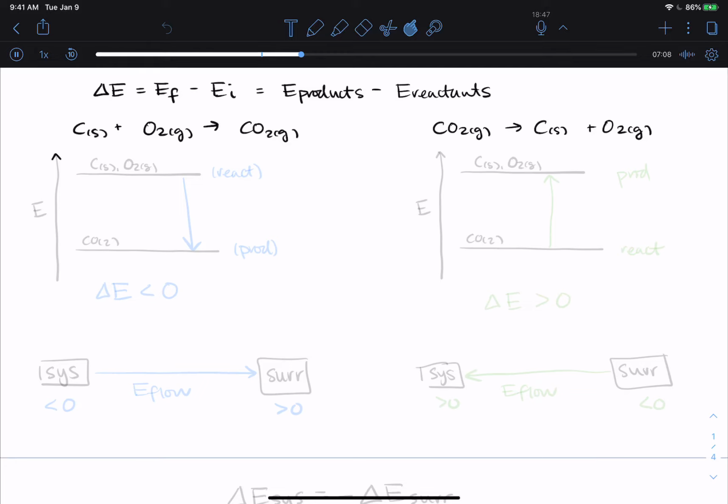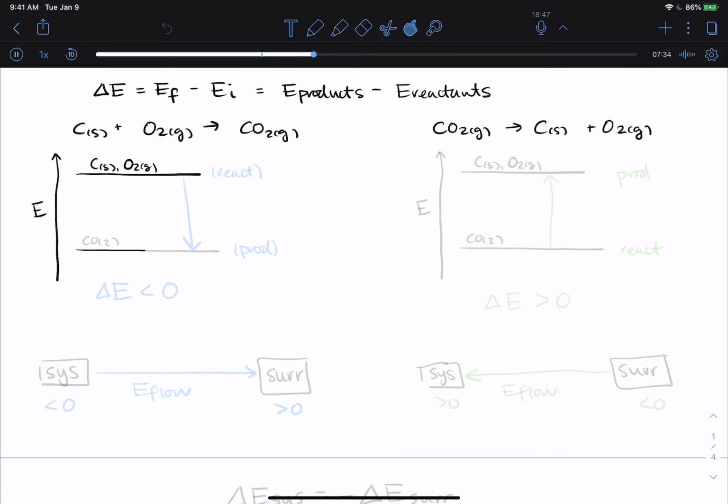So I'm going to have my energy diagram and the sort of collective energy of my reactants. It's going to be here, right? In this reaction, they're the reactants. So it's carbon and oxygen.